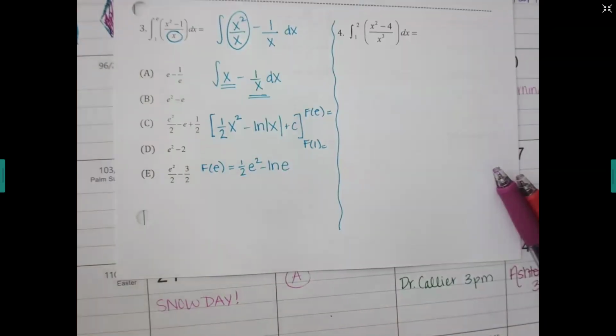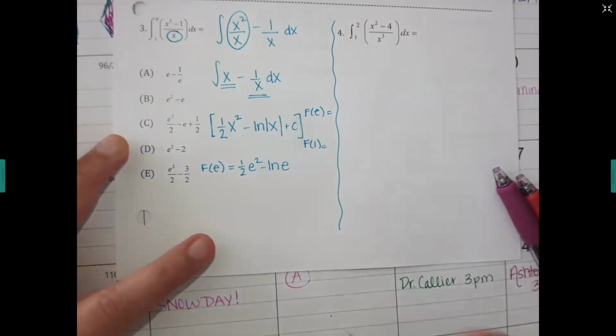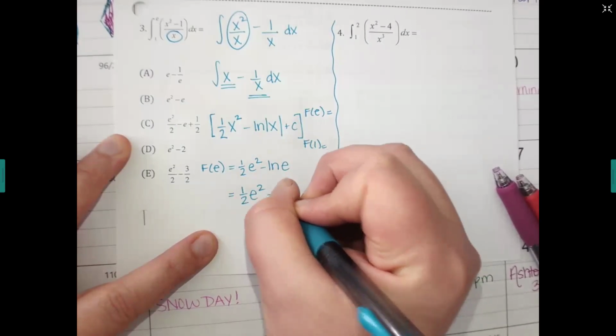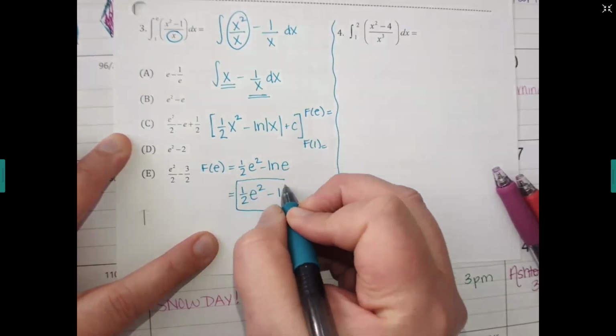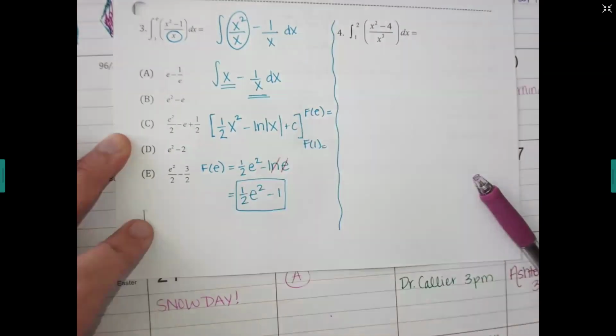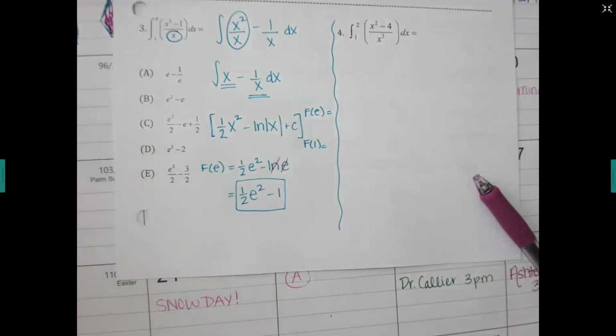And then remember the plus C we don't really care about. What is the ln of e the same as? It is 1. Very good. So this is 1/2 e squared minus 1. If you don't remember why, ln and e basically cross each other out, but you have to leave something as a placeholder, so you leave a 1.